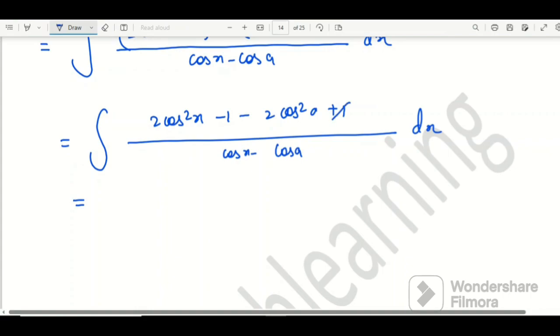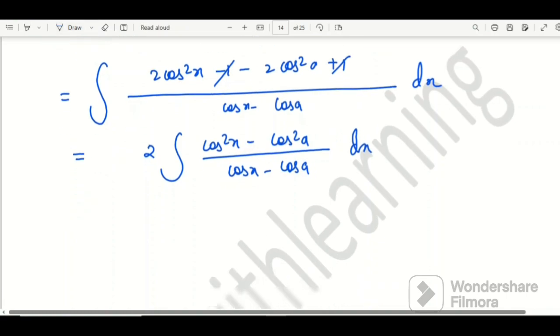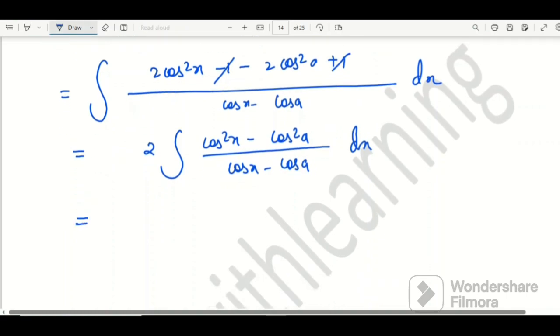So we can cancel this minus 1 and plus 1, and we can take 2 common, 2 outside. So it will be cos square x minus cos square a by cos x minus cos a. Here cos a is constant and x is variable. Now I'll use a square minus b square equal to a plus b into a minus b.